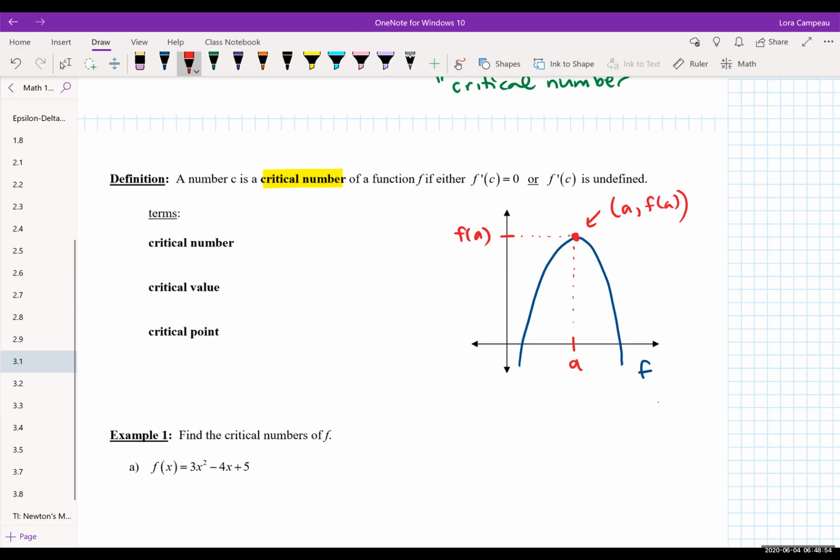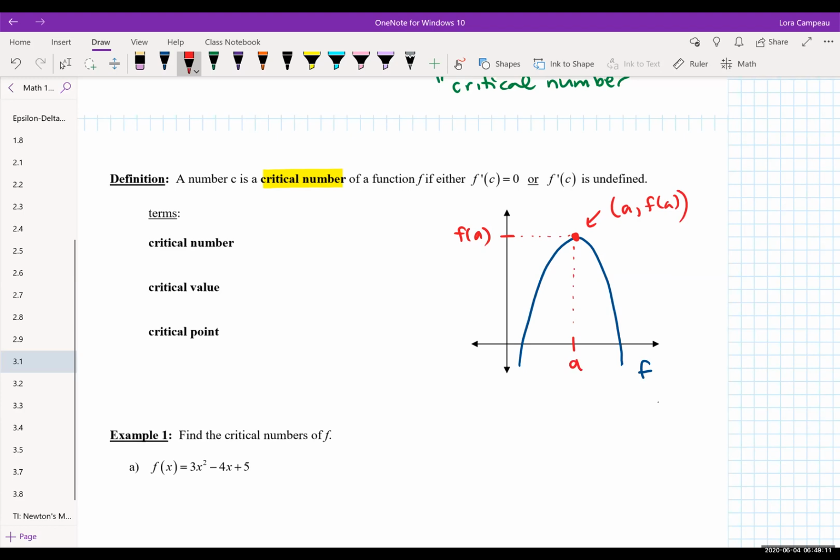And so when we talk about the difference between a critical number, a critical value, and a critical point, it really has to do with whether you are naming the specific x coordinate, the y coordinate, or the whole point in general.